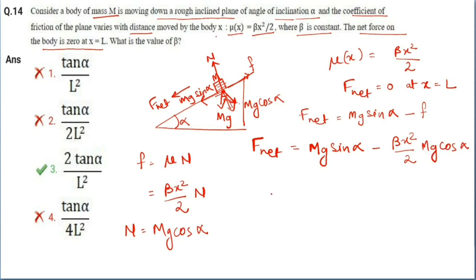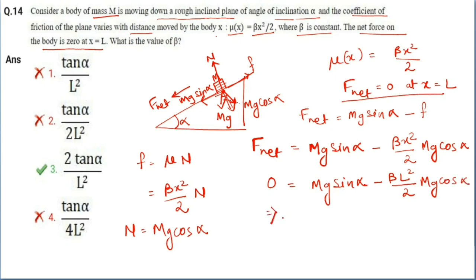Then there is a condition that F net is equal to 0 at x equal to L. That means mg sin alpha minus beta, in place of x we put L, beta L square by 2 mg cos alpha, must be equal to 0.